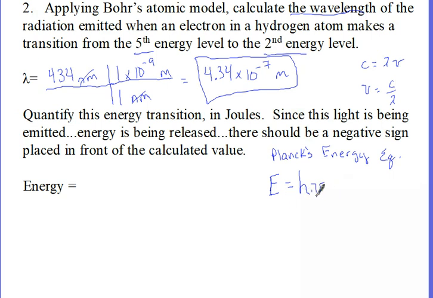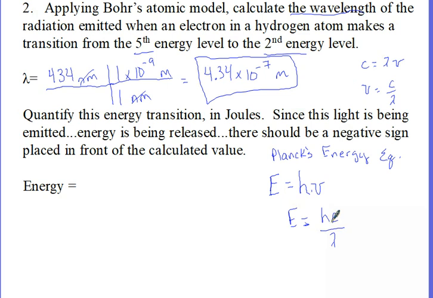Then one other way to write this is, in place of that nu, you can also say that E is equal to, replacing this nu with this right here, E equals hc over lambda.